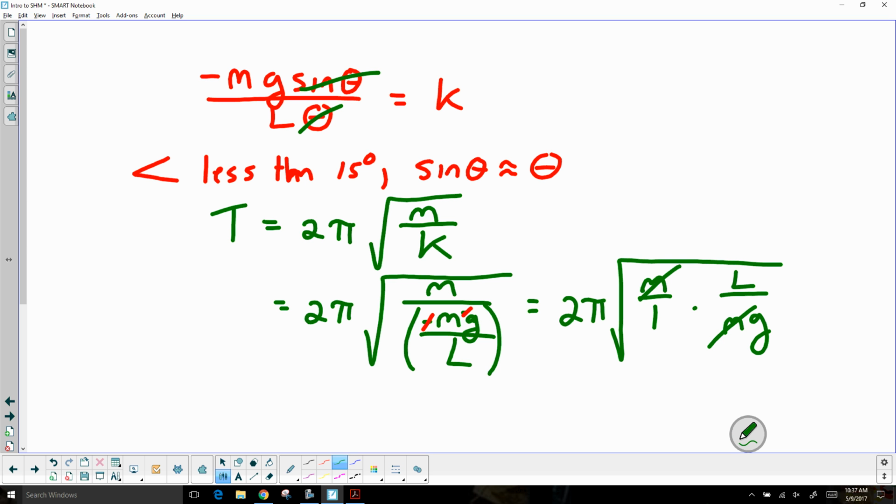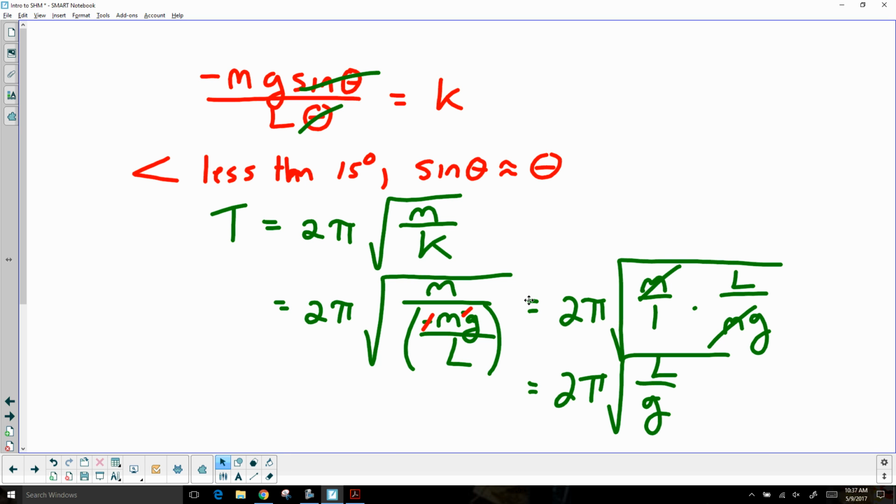There's the mathematical reason why. Since it's simple harmonic motion, with respect to gravity in the x direction, and the masses cancel out here, I am left with the time period of a pendulum being equal to 2 pi times the square root of the length of the pendulum over gravity.